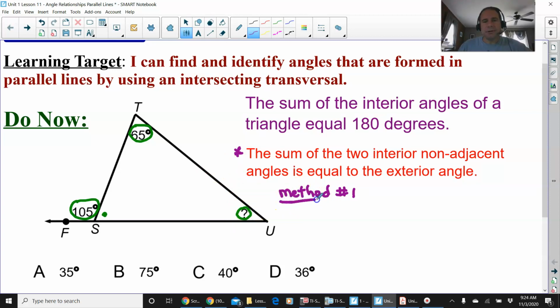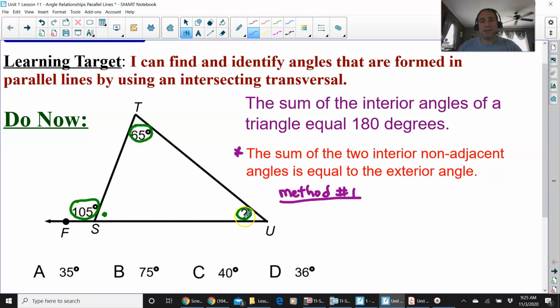So method number one, we're talking about the sum of the two interior, non-adjacent angles. If you add them up, it'll equal the exterior angle.